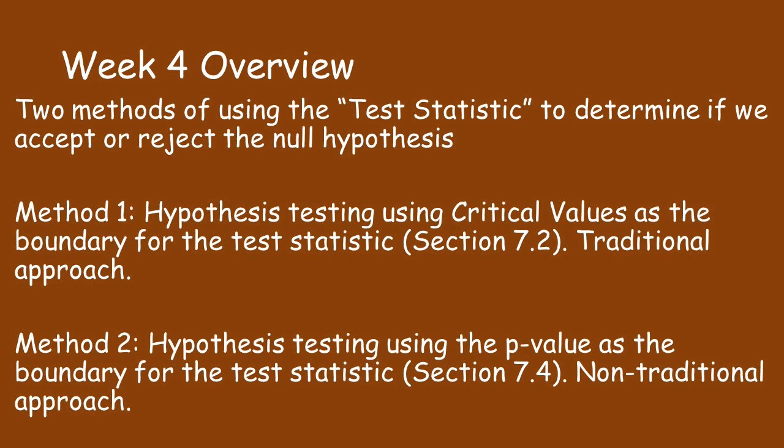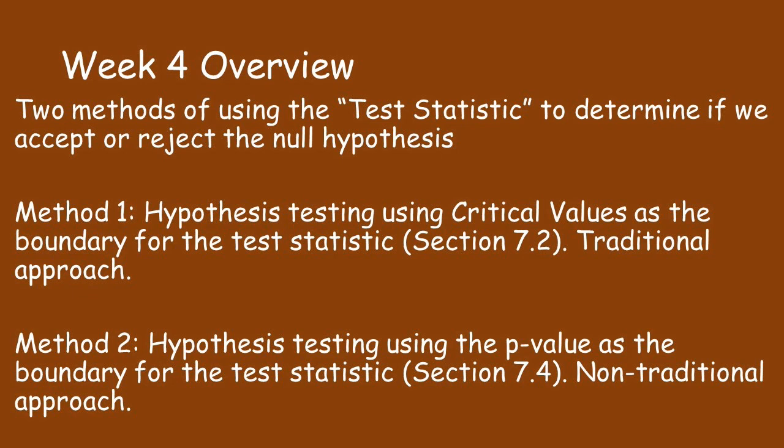There's a video I've got out there where the person who puts the video together talks about this as the traditional approach, where we're using critical values to accept or reject the null hypothesis. Method 2, the hypothesis testing uses what's called the p-value as the boundary for the test statistic. Sometimes it's called the non-traditional approach, but it's very popular among statisticians. It's actually a little bit easier to talk about.